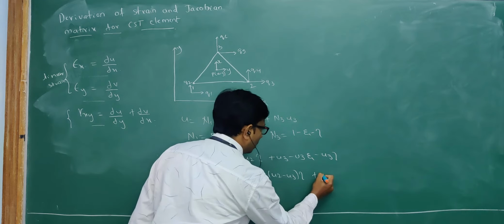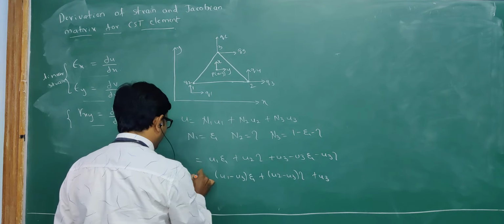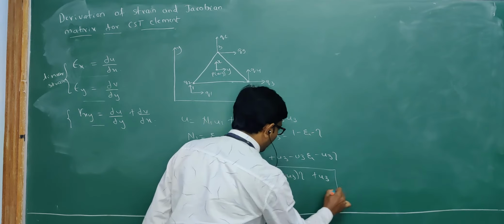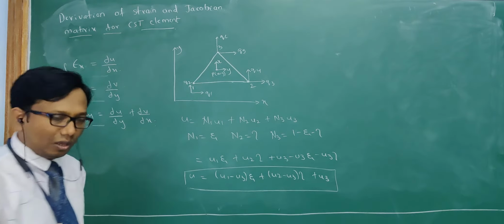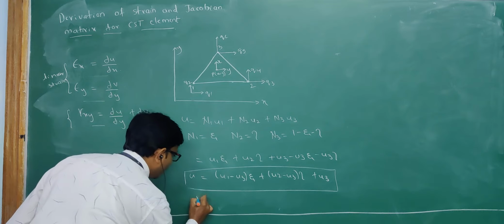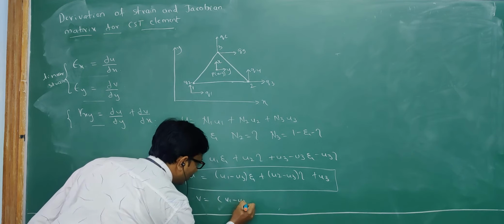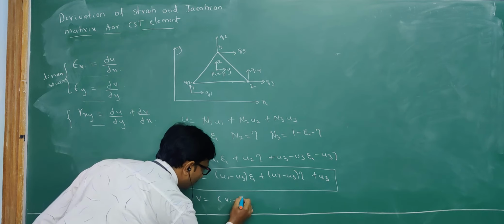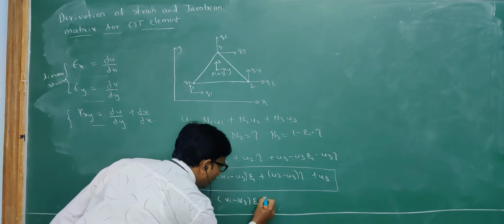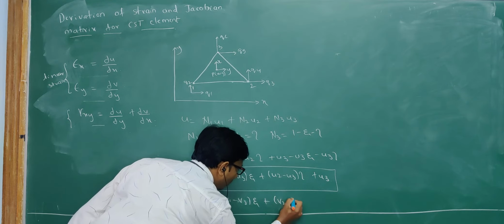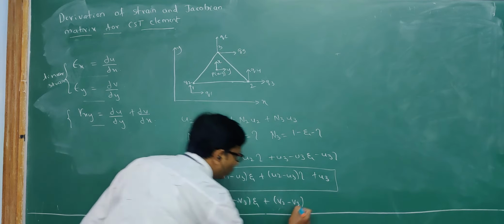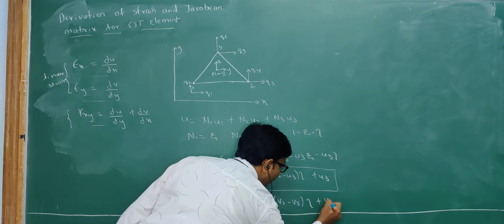This is the equation you will get for the u displacement. Similarly, for v you get the same thing: v is equal to (v1 minus v3) into zeta plus (v2 minus v3) into eta plus v3.